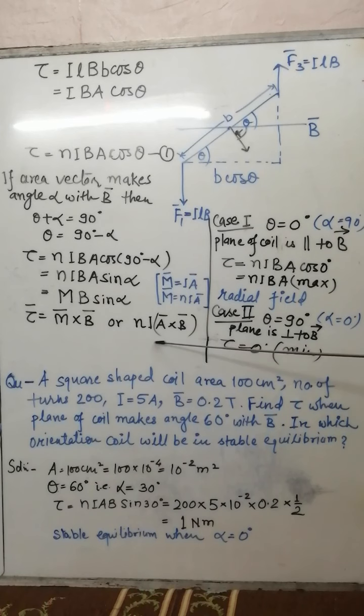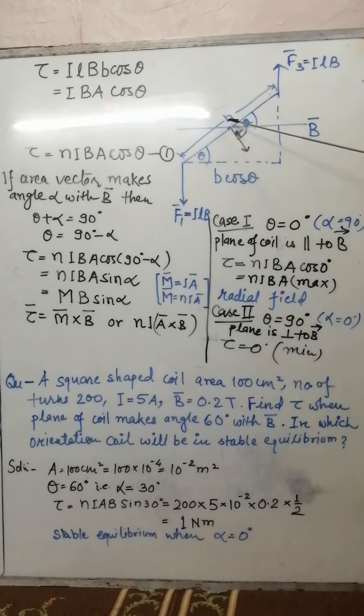Now let us see the cases of the torque experienced. Case 1, when theta is equal to 0. When theta is equal to 0, it means the plane of the loop is parallel to the magnetic field. At that time alpha will be 90, isn't it?